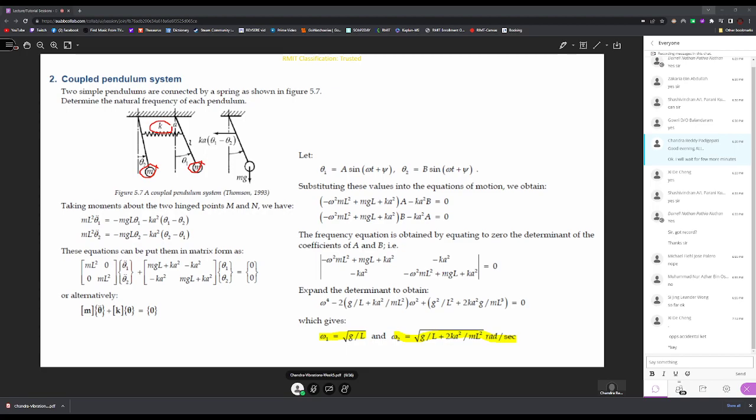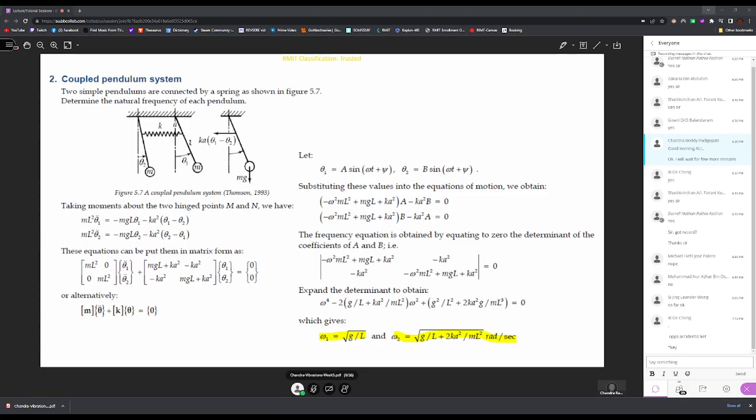This is the free body diagram for one mass. The weight is acting vertically downwards. The spring force is perpendicular to this, and the spring force is K into X, which is the spring constant times the horizontal displacement.